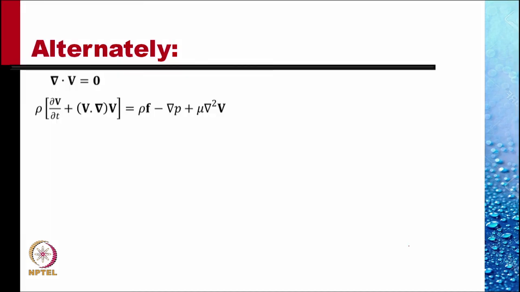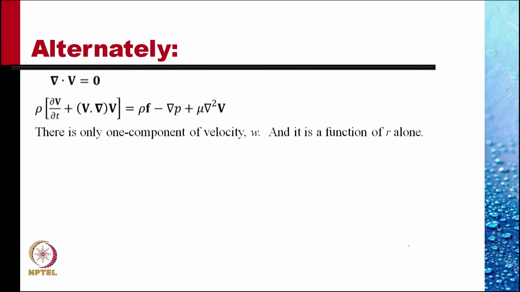This could be obtained alternatively from the Navier-Stokes equation written in the cylindrical polar coordinates. The momentum equation in the cylindrical polar coordinates relevant here is only the z equation, because the only velocity component is w, that is Vz, and it is a function of r alone.